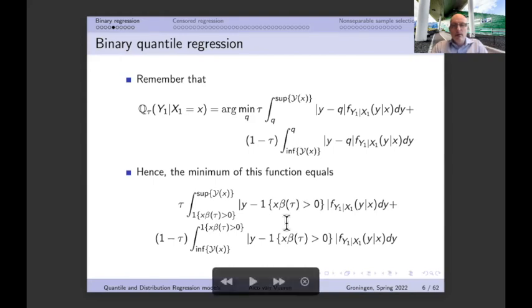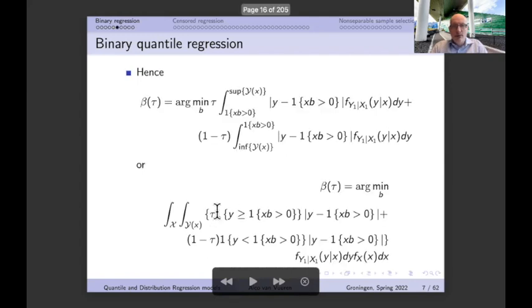But then we should also realize that this relationship that we have over here is actually also the minimum outcome of another function, not a function with respect to the quantile and the q that we have over here, but with respect to the thing that we have over here.